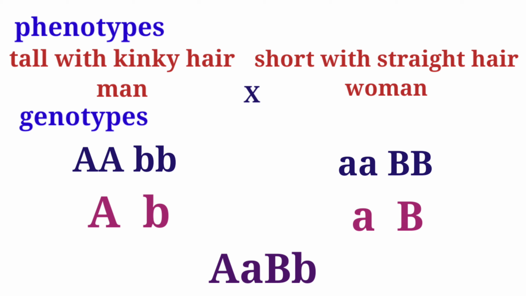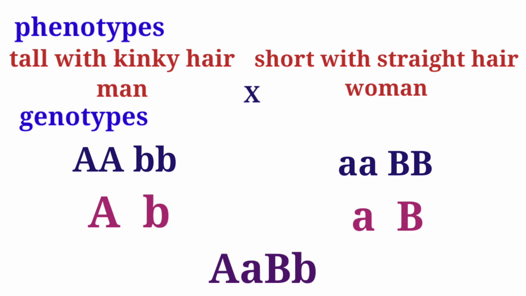Okay, so next is we are combining the common alleles. So that is capital letter A and the small letter a, and then capital letter B and small letter b. Okay, so these are already the genotypes of both parents.